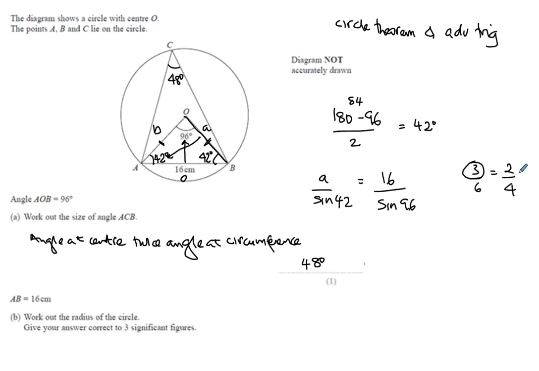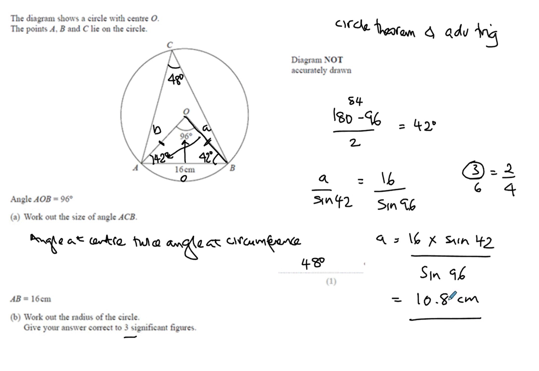So to find the 3, we go that times that divided by that. So a will be 16 times sine 42 divided by sine 96, and you do that on your calculator. We need it to 3 significant figures. You get 10.8 centimeters. So that's the radius.